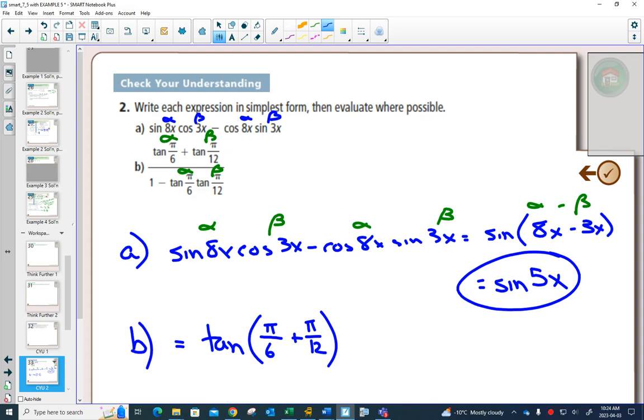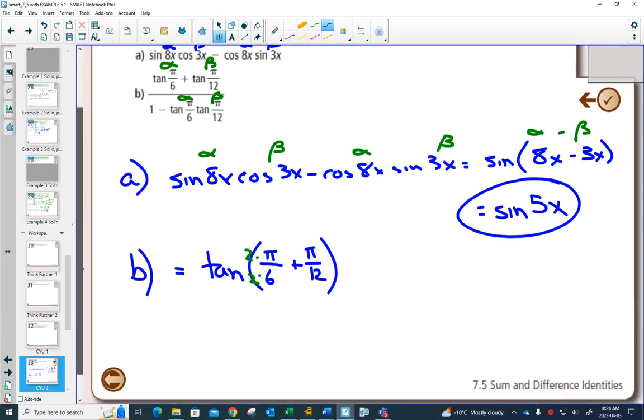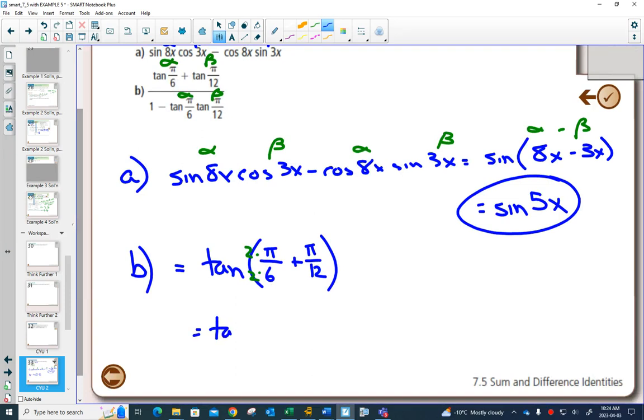If I get a common denominator by multiplying both of these by 2, I could write this as tan of 3 pi over 12. And tan of 3 pi over 12 reduces to tan pi over 4.